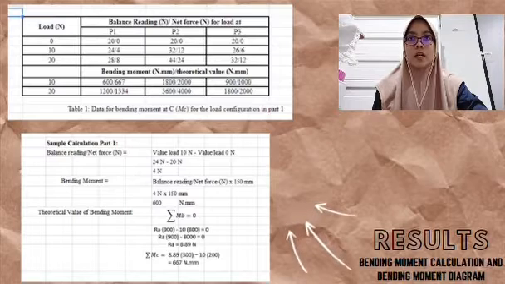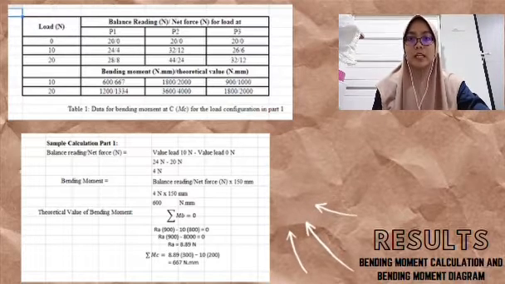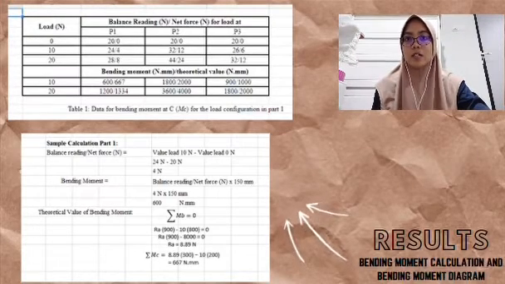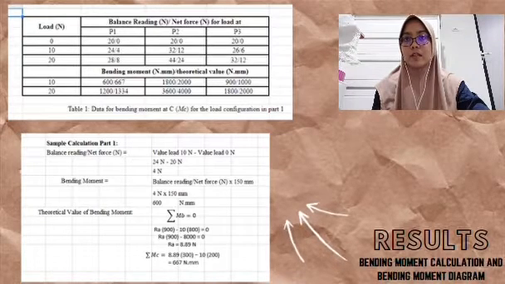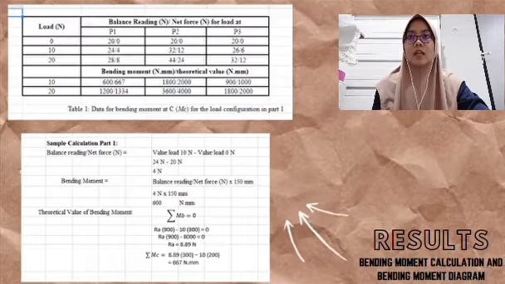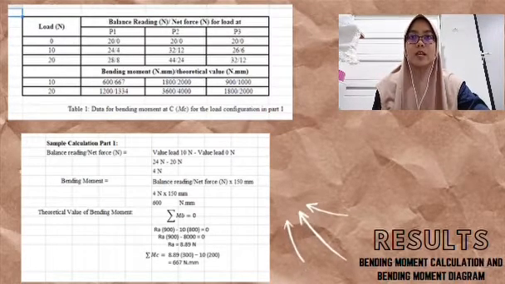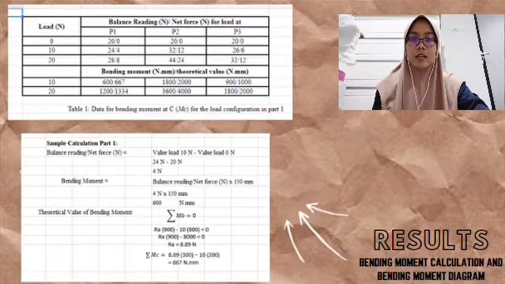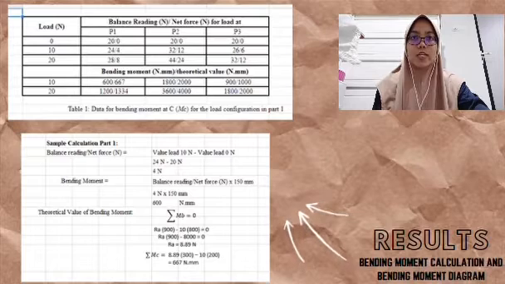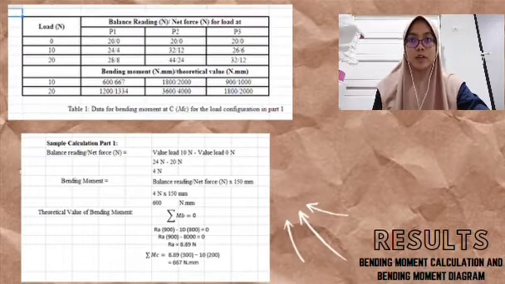From the calculation of balance reading, we can also calculate the theoretical value for loads 10N and 20N. For the sample calculation for part 1 in table 1, to calculate the balance reading or net force in Newton, the value at load 10N minus the value at load 0N, which is 24N minus 20N, we get 4N.